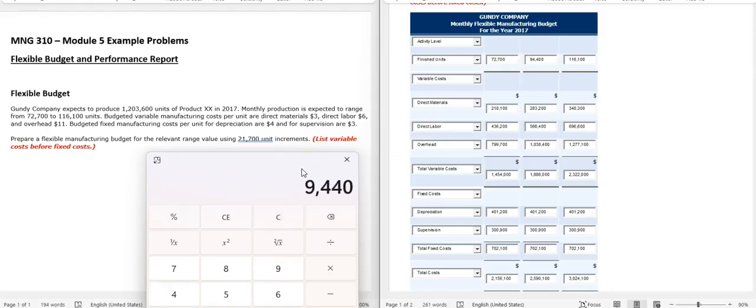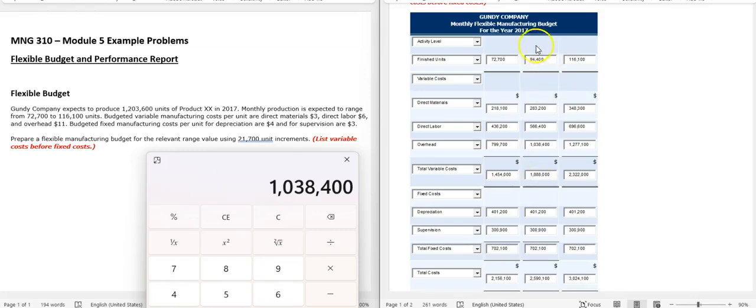Budgeted level of activity 94,400 times the variable cost per unit of 11 for overhead, budgeting 1,038,400 in overhead cost. For 94,400 units produced, total budgeted variable cost of 1,888,000.